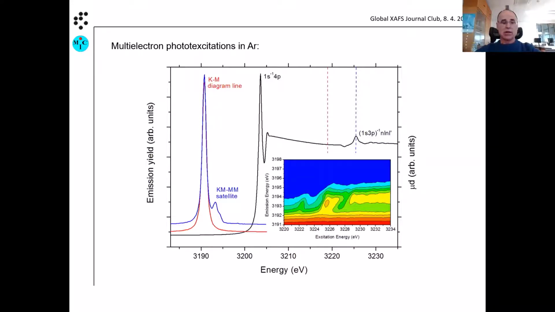And in this study, we have studied multi-electron photoexcitation. So this is, of course, an important topic in atomic physics because it is a direct consequence of correlations between electrons in the atom.